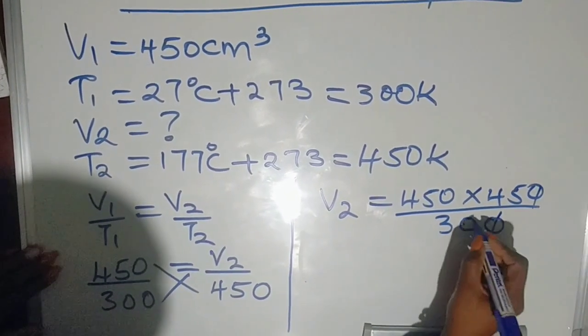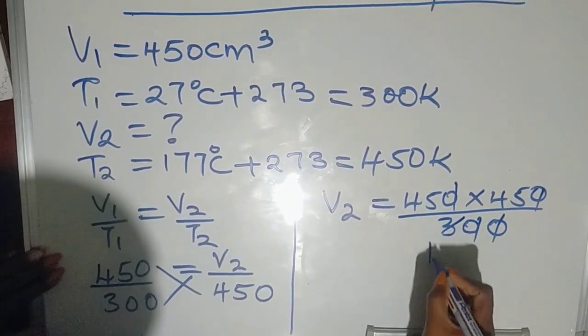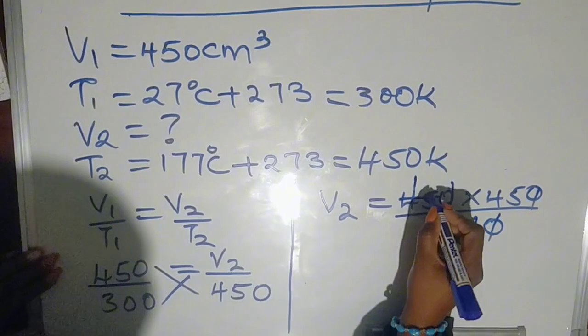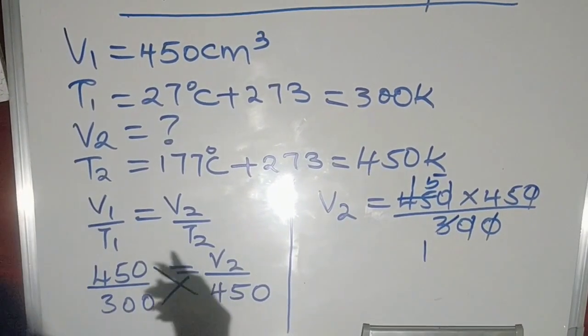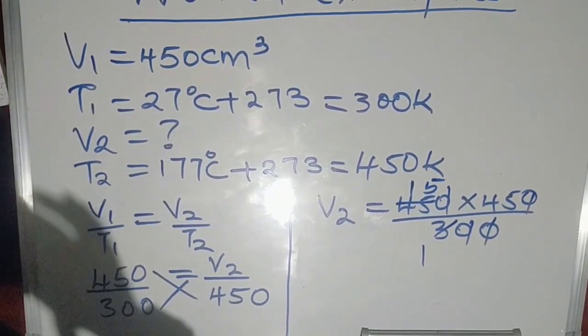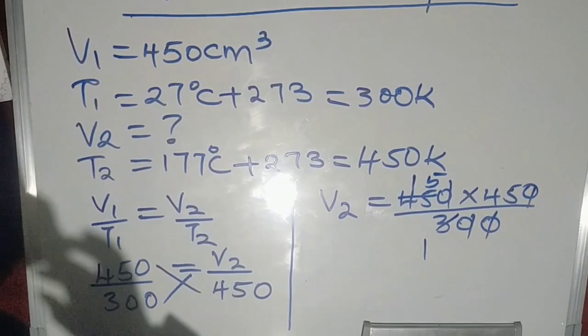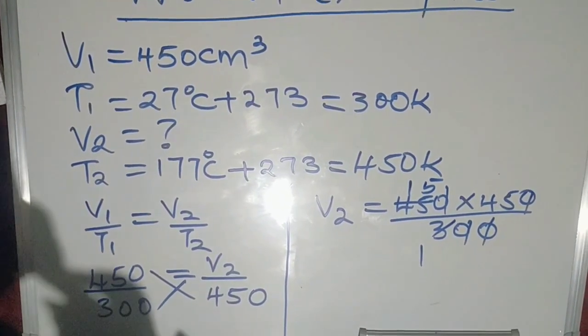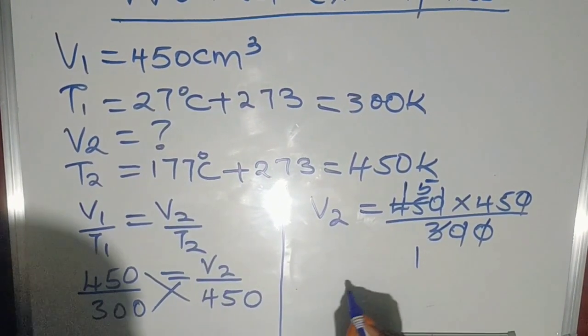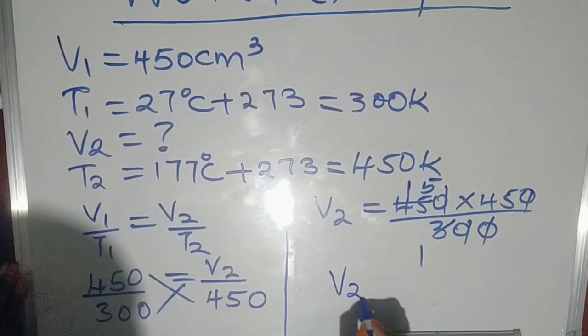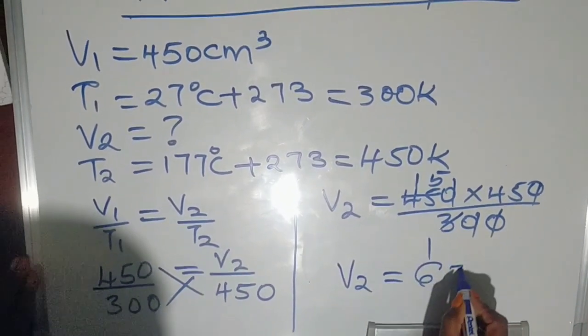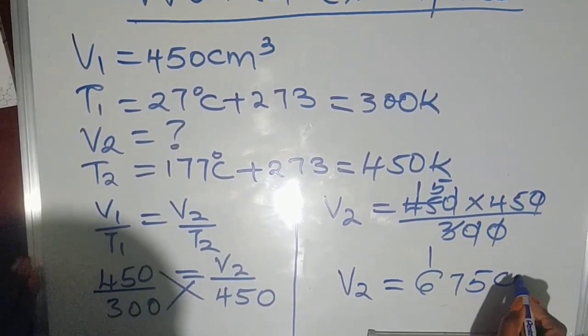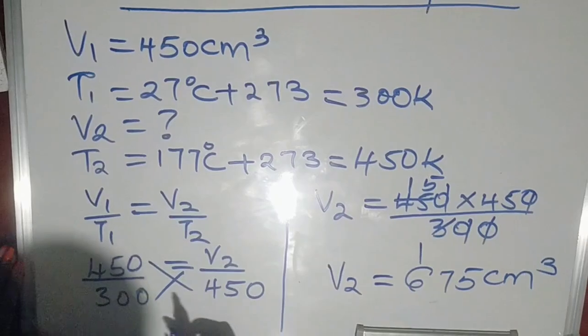This goes by 3, and 1 by 3, 1, 5. So 15 times 45 equals 675. So our volume 2 will be 675 centimeters cubed.